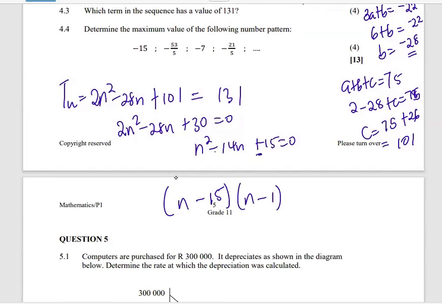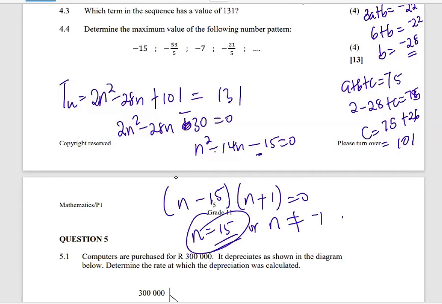Did we do anything wrong? No, this is a negative. So that is a negative and that's a negative, meaning that n is 15, since n cannot be a negative number. So term number 15.